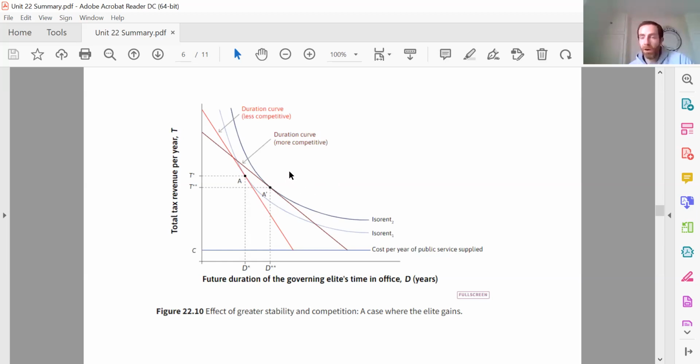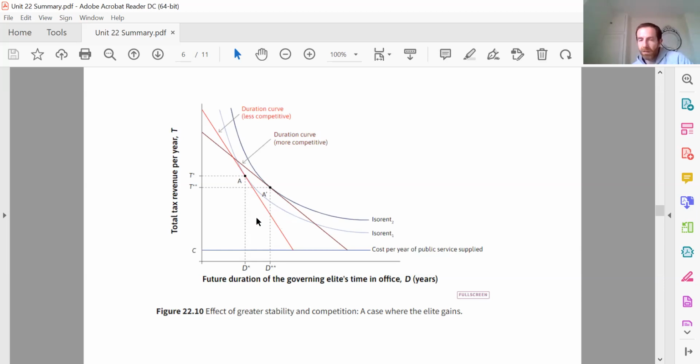Well, you can imagine if there are more political parties, if there are more different options for governing elites, then maybe people are a little bit more lenient, a little bit more tolerant. And so there's actually a greater amount of stability. It's less likely that people will have revolutions or uprisings.